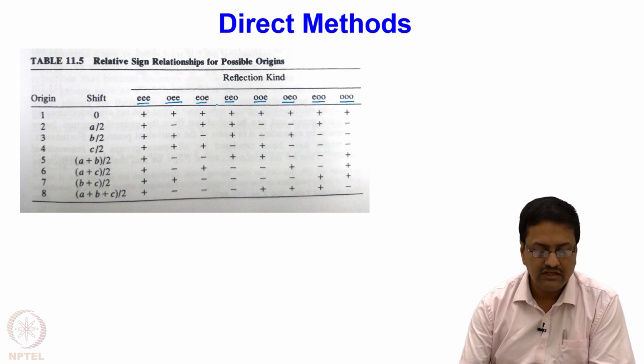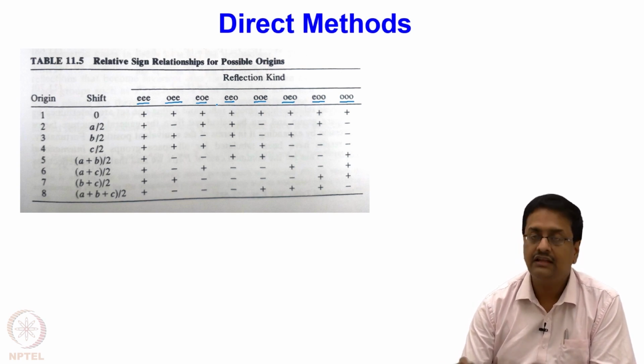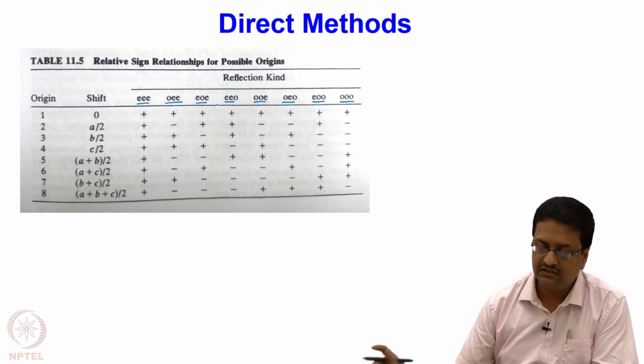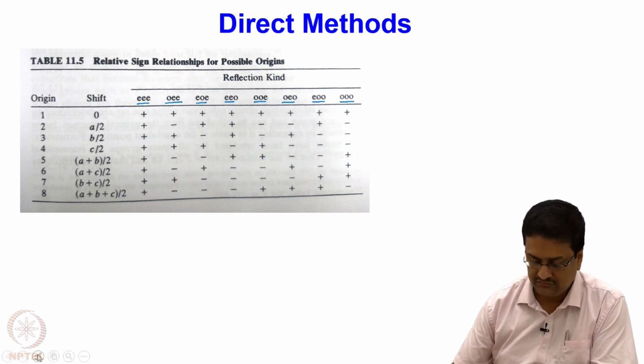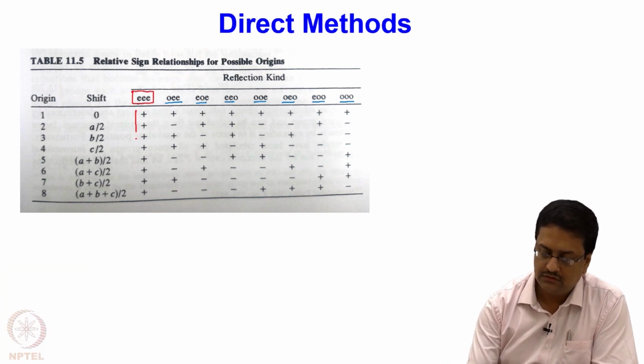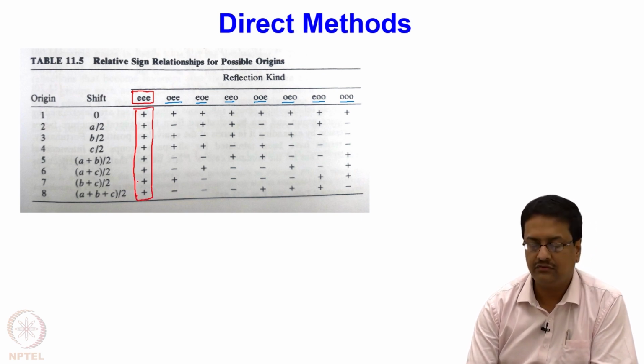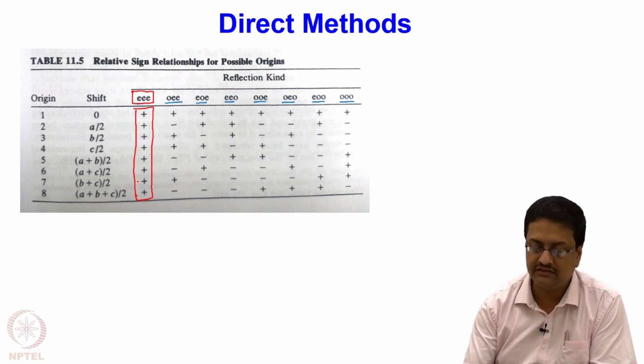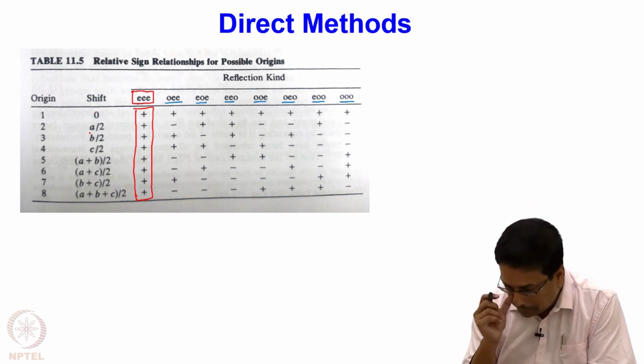So this indicates that all the HKL reflections, when it is all even, which is the first column, all of them have the same phase, and they do not change the phase if the origin is shifted from 1 to 2 or 1 to 3.